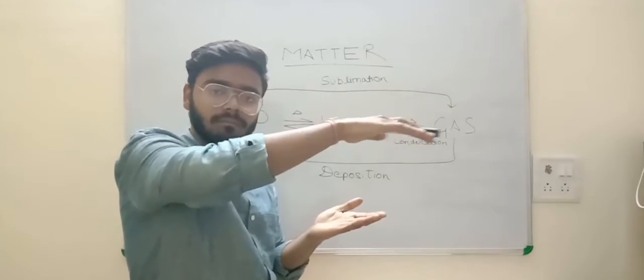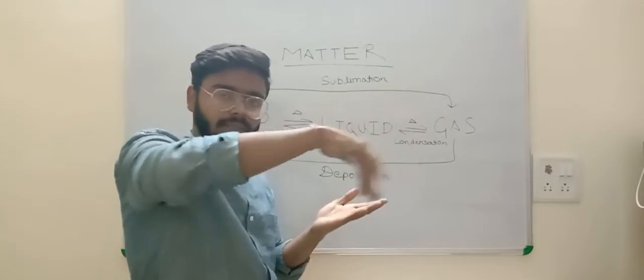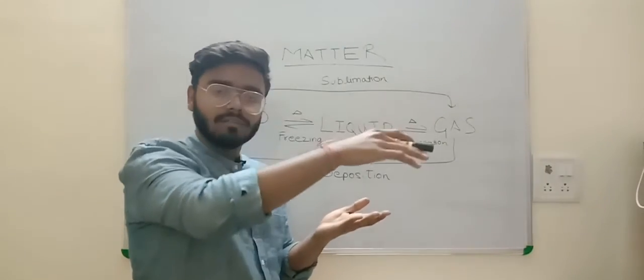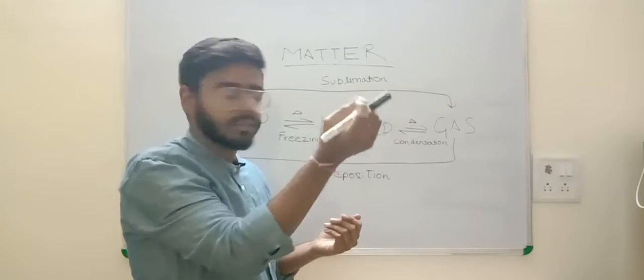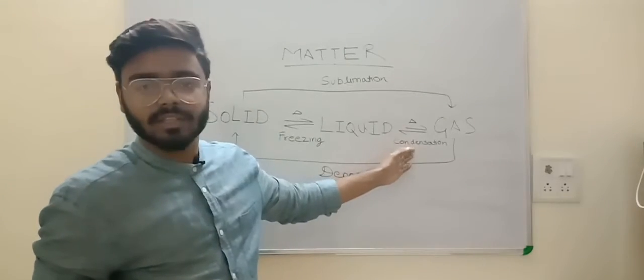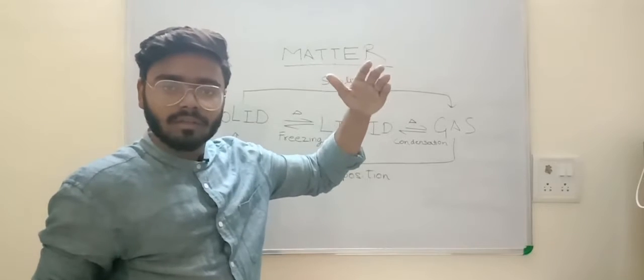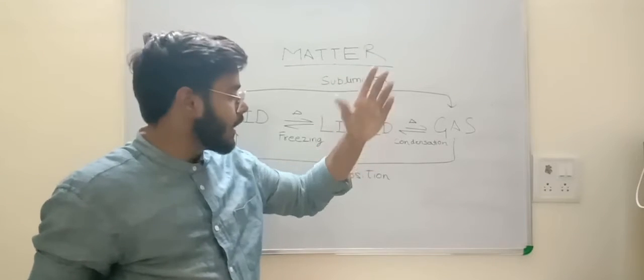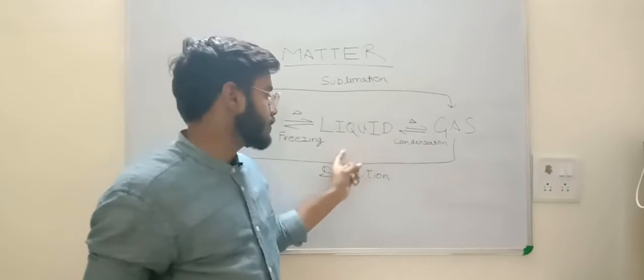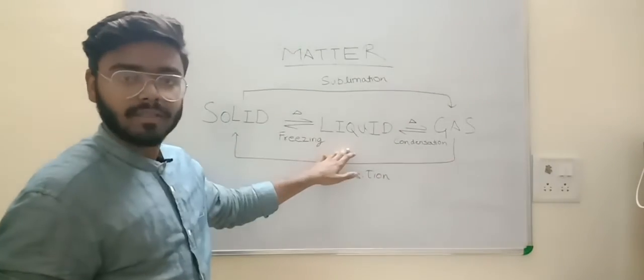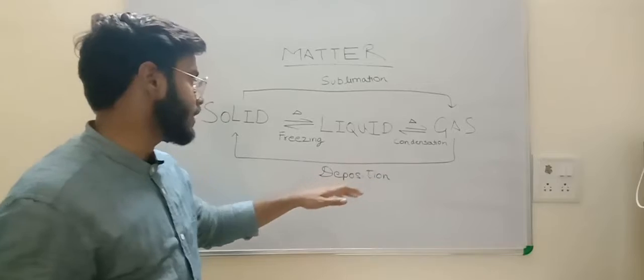Put a plate on it, and you will see tiny droplets appear on the plate. What is that? That is condensation. The temperature drops down and the gas becomes a liquid in the form of drops. So this was all about matter in its different states.